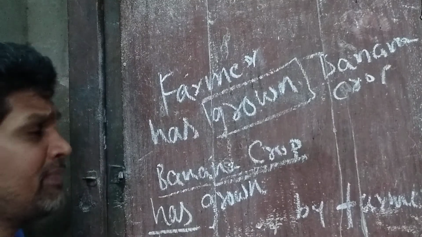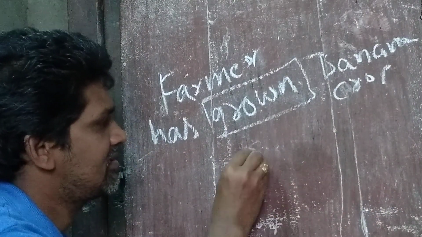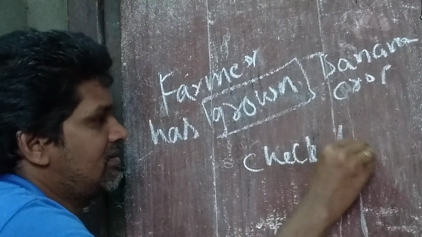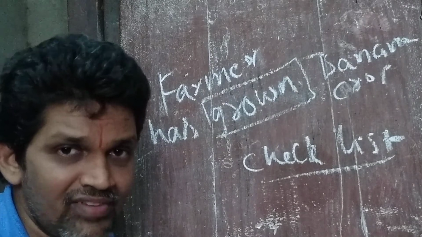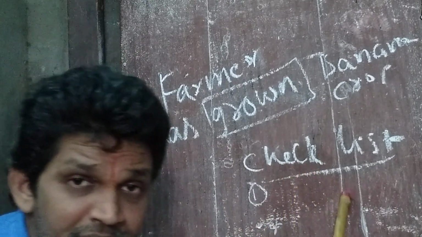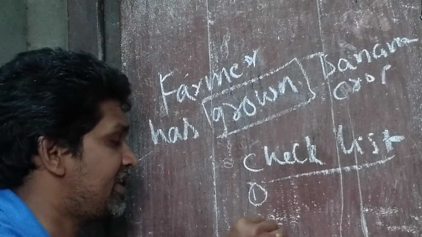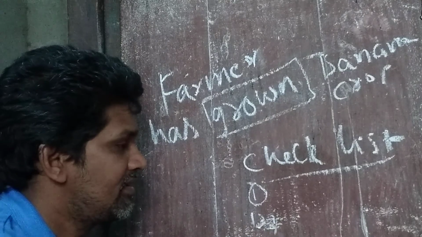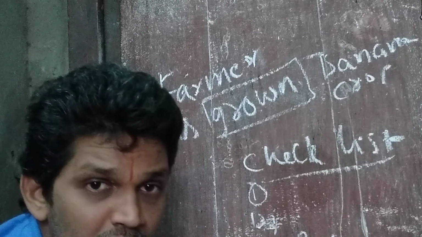Whatever the question form may be, you should have a checklist. What is meant by checklist? You verify your answers once again with the rules. First, identify the subject, object and verb. Second, interchange the subject and the object. Third, apply the rule.